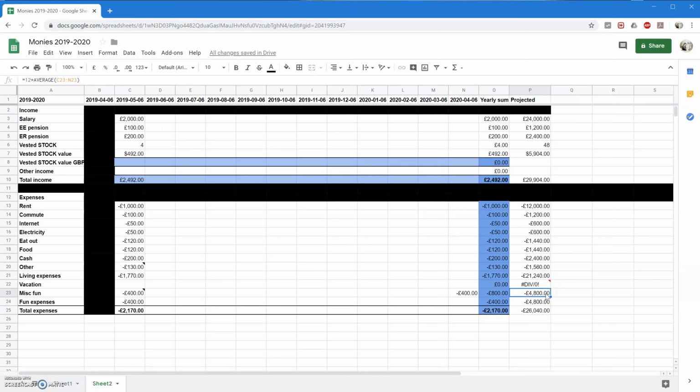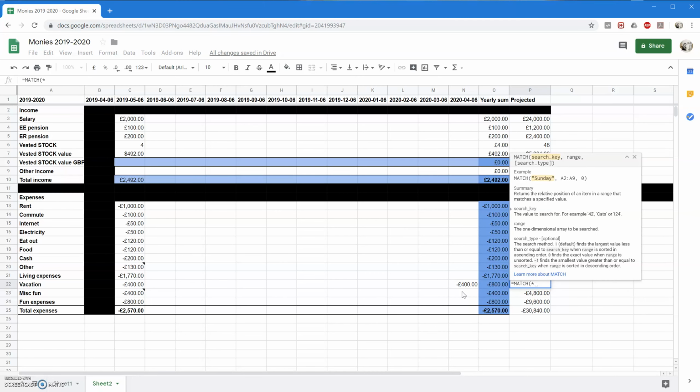So instead, what we're going to do is take the highest number of months that we have filled in. Oh, actually, that's the wrong column. There. Wrong row, there. We're going to take the column with the highest value, the one that I filled in the most.